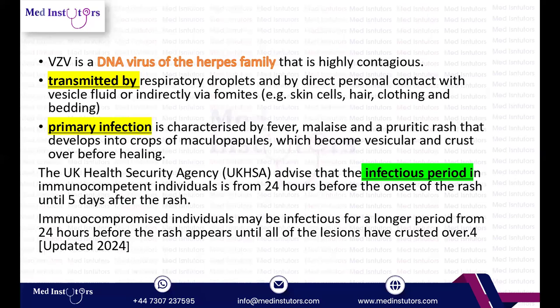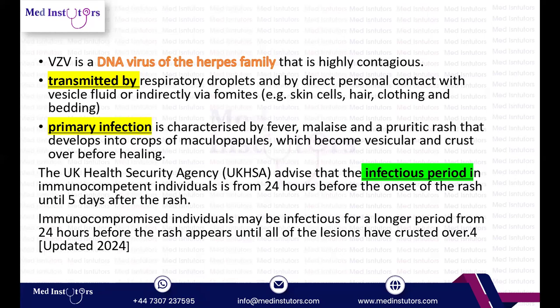The UK Health Security Agency advises that the infectious period of this virus in an immunocompetent individual is from 24 hours before the onset of the rash until 5 days after the rash appears. So my dear friends, this is new.